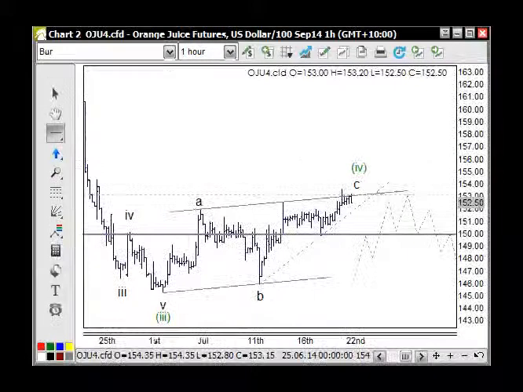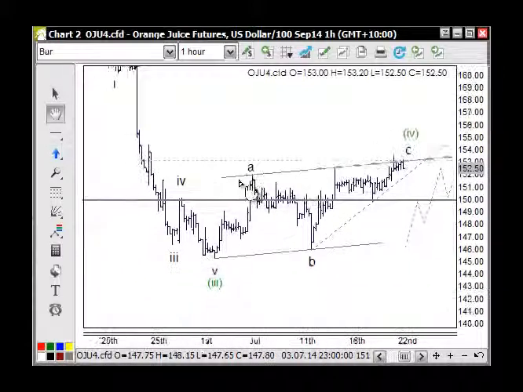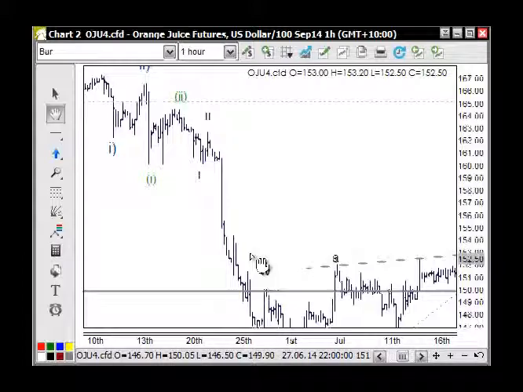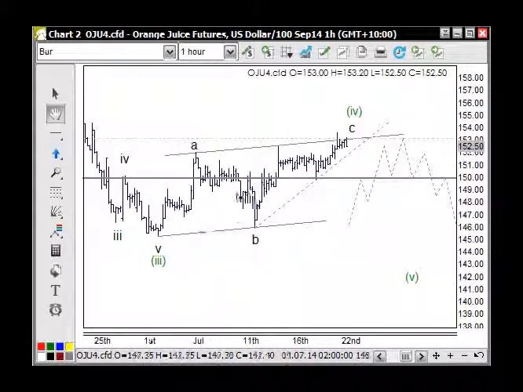The orange juice market is falling into place. What we've been looking for through here is we've been looking down for wave 3 here. We've been looking for wave 4 and then down for wave 5. In wave 4 here, we've been working through the A wave here, the B wave here, and then the C wave up through here in 5 waves.